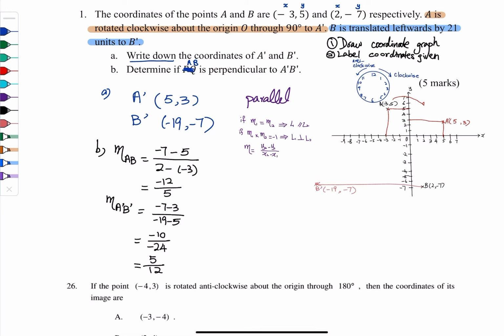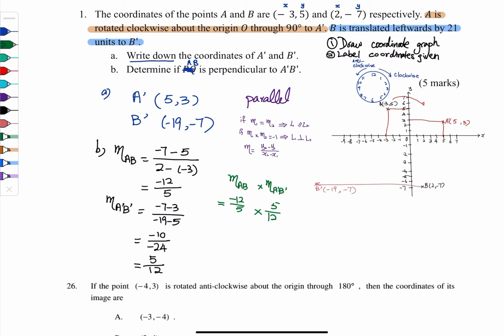So what I do is the slopes multiply. Slope of AB, multiply slope of the new A and the new B. Slope of AB is negative 12 over 5. The new AB is 5 over 12. Click calculator. Even if you don't, cancel, cancel, cancel, cancel.